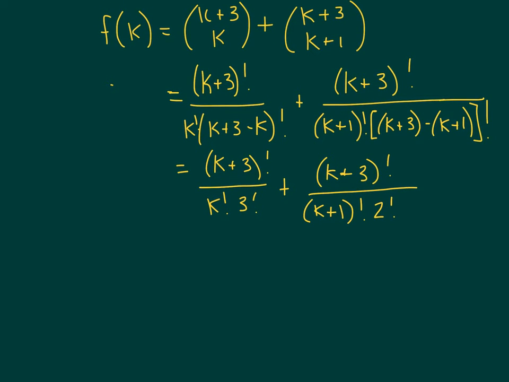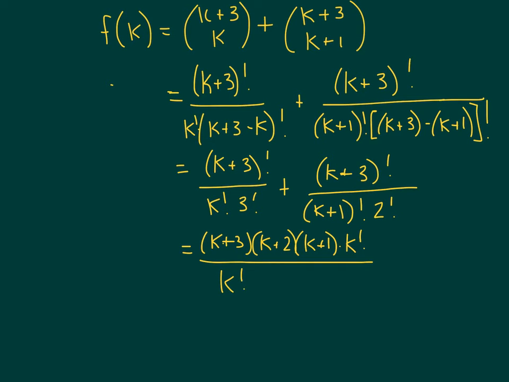Obviously we need to simplify these fractions, and we're going to take the larger number and write it out. So if I'm comparing k factorial to k plus 3 factorial, k plus 3 is the bigger number, so I'm going to rewrite that. So that is going to be k plus 3 times k plus 2 times k plus 1 times k factorial, and the whole thing is going to be over k factorial.